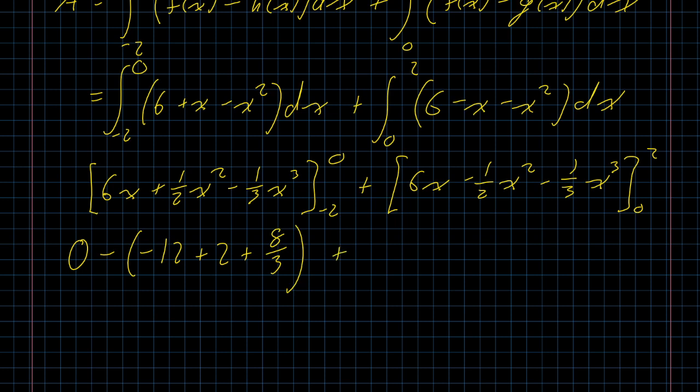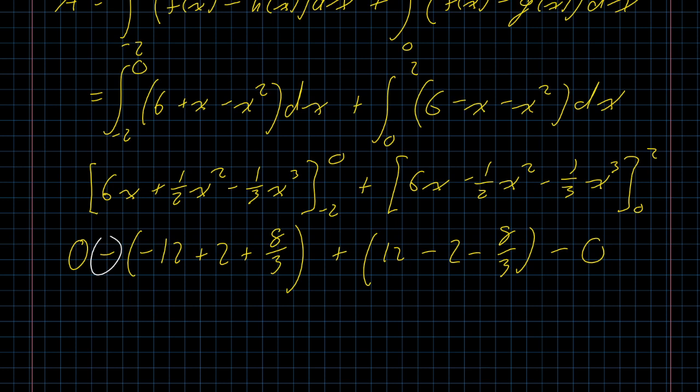Then let's look at the second integral. Plug in x equals 2, you get 12 minus 1/2 times 2 squared is 2, and then minus 8/3. Plug in 0, you get 0. All right, so numerically they are the same values. They have swapped positive and negative between those two, but of course there's the negative out here, which is giving us exactly what I thought we were going to get.